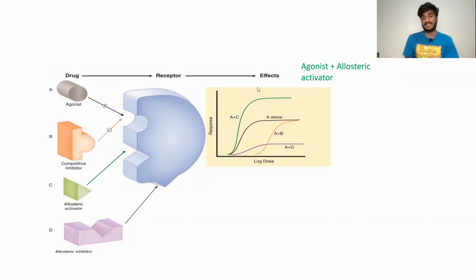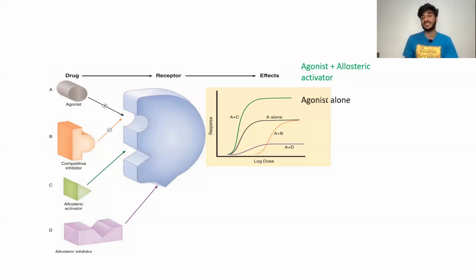So in this curve, you see that A plus C means the agonist and the allosteric activator are sitting together and they are increasing the response. Look, the response is more when there is agonist and the allosteric activator.